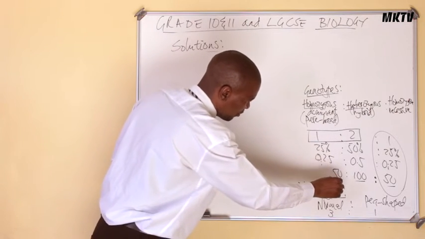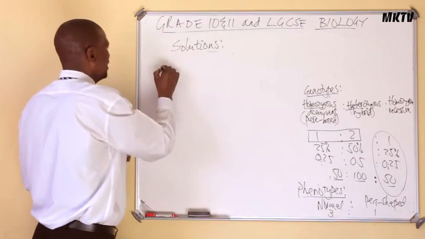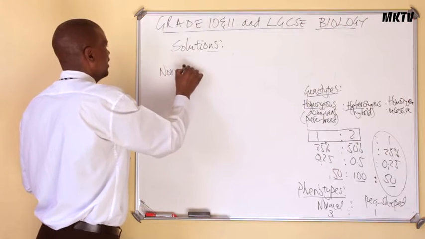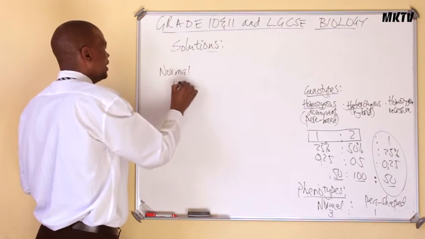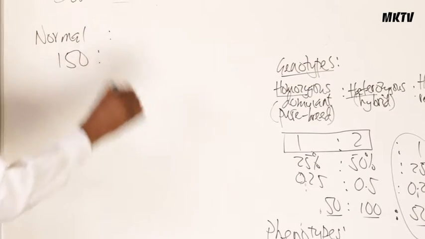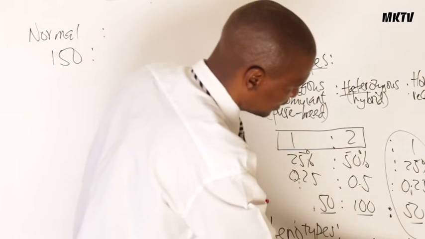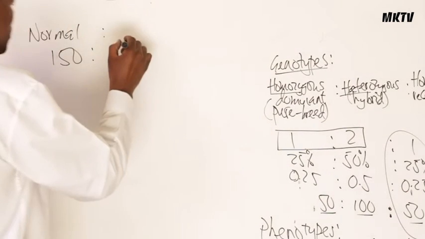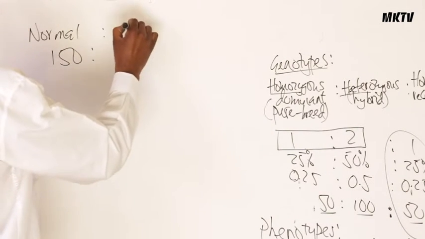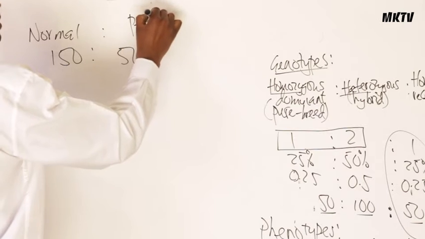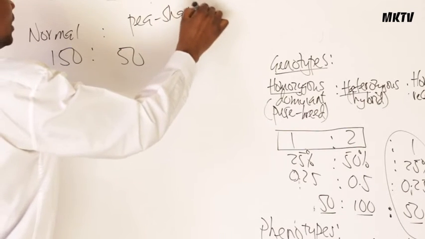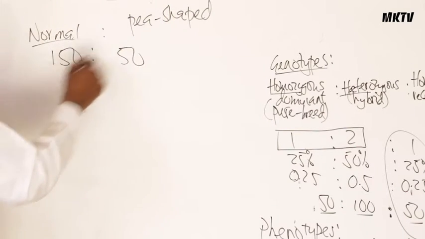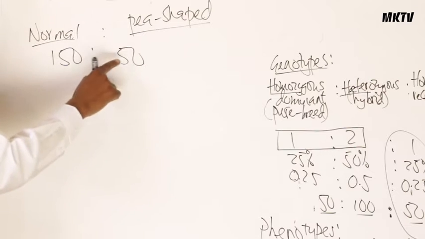And therefore, the normal shaped ones will be 150, and then we have 50 of the P-shaped ones. So the normal is 150 and the P-shaped is 50.